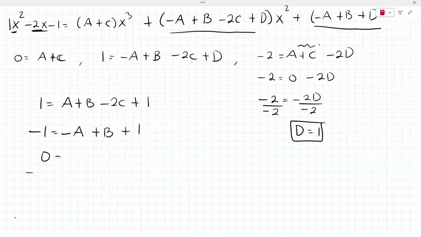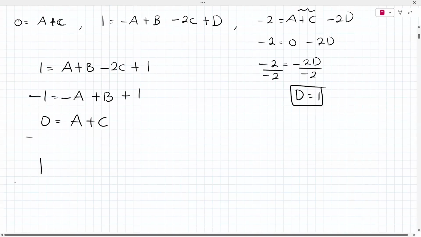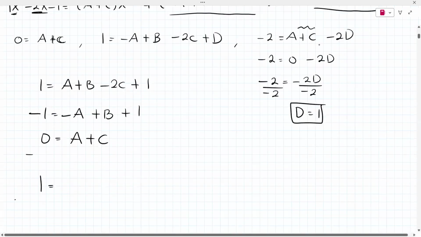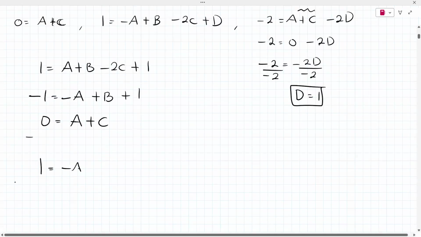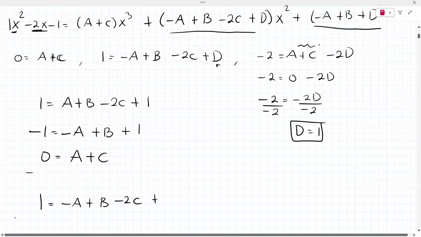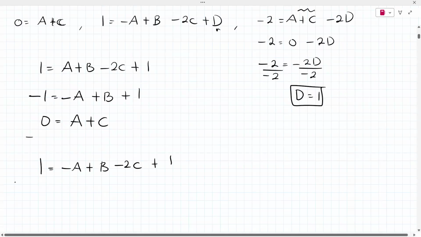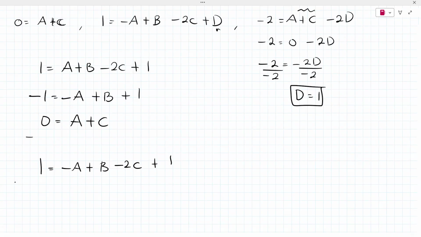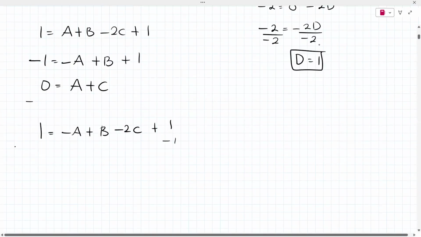We also know that 0 equals a plus c. So we can say 1 equals negative a plus b minus 2c, and then we know our d is 1, so we could put plus 1. And then if we clean this up, this is going to be -1, that's going to be 0.